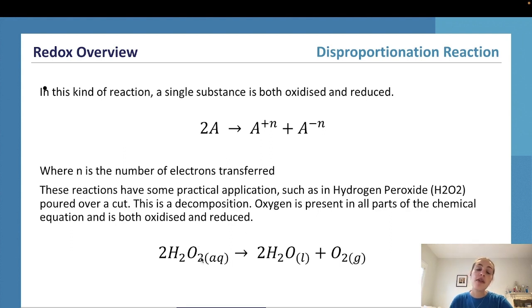So we've got half the oxygen in here acting as an oxidizing agent to then be reduced for the water, and half of it acting as a reducing agent so it can then be oxidized for the oxygen gas.